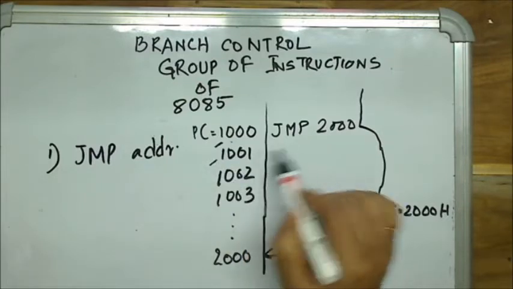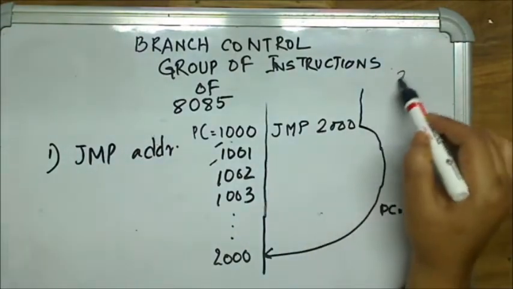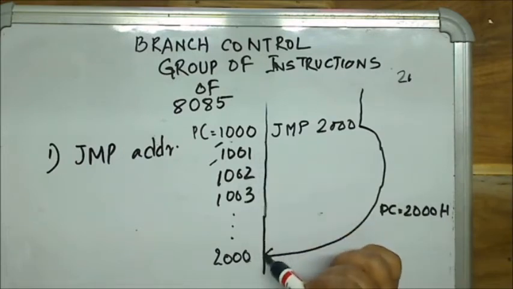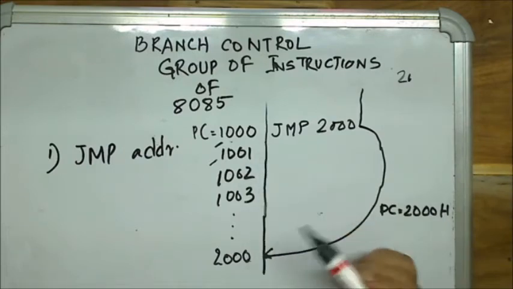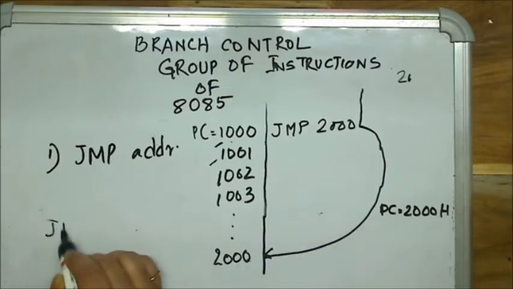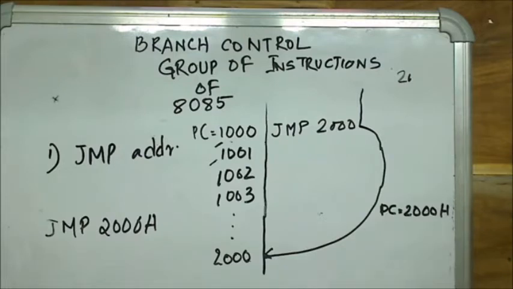But for some reason, you have to jump directly from 1000 to memory location 2000. In that case, you have to write JMP 2000H. 2000 is a 16-bit address.